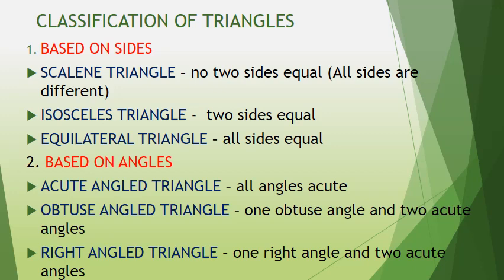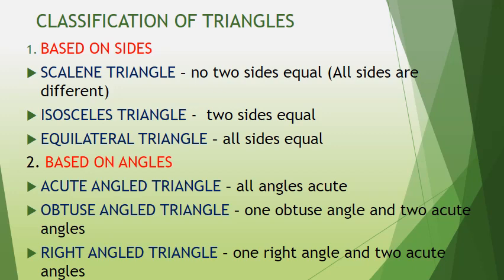Next, obtuse angled triangle. If in a triangle any one angle is obtuse, then such a triangle is called an obtuse angled triangle. In an obtuse angled triangle, the two angles other than the obtuse angle will be acute angles.